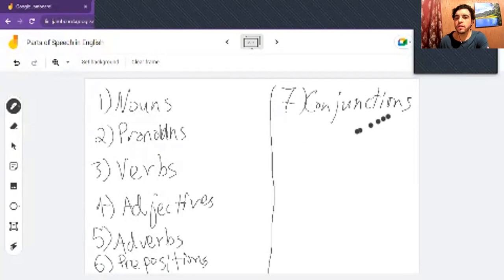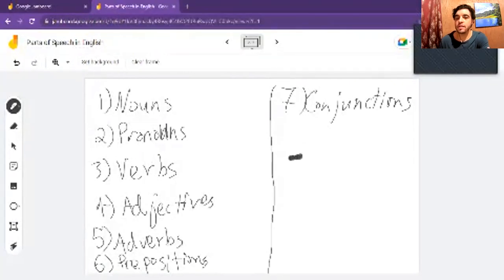Then the last one, which even I had to look up, is interjections, right? So we're going to look at each of these in turn.